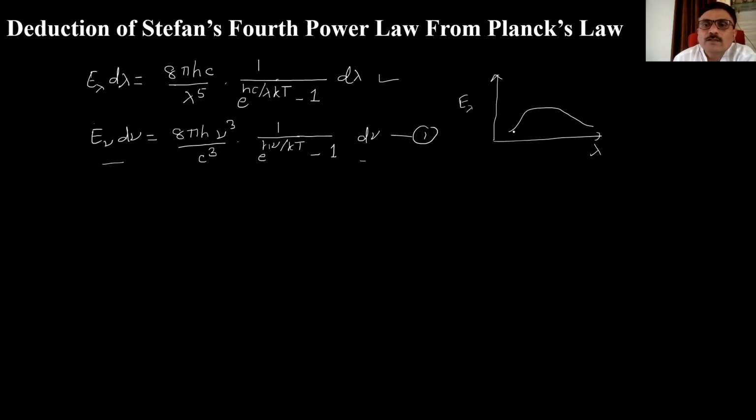So the total energy density is given as the area under the curve, which is for all types of frequency or all types of wavelength of the radiations.